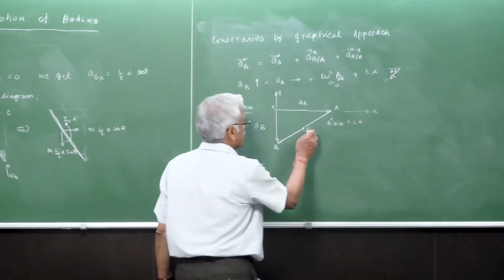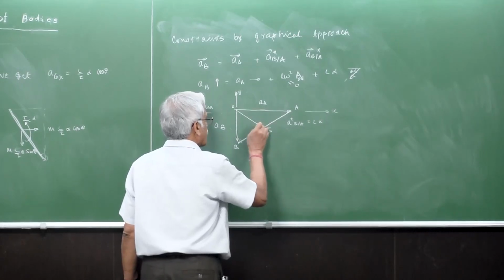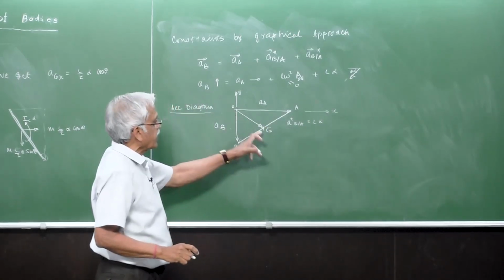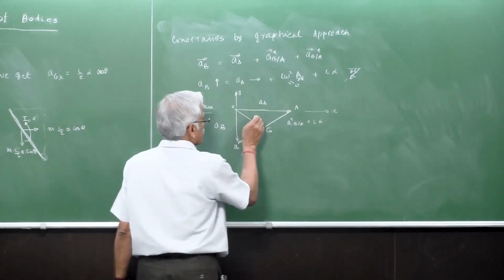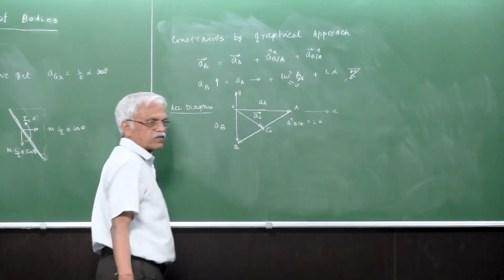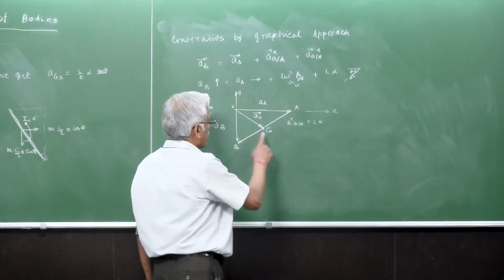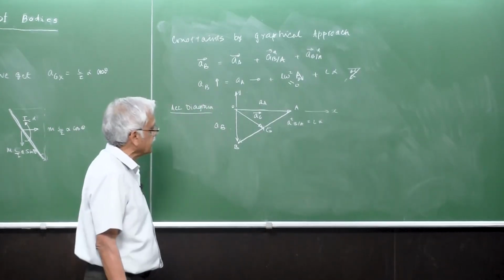Okay. So if G is the center, then if you draw an arrowed line from O to G, that is acceleration of G. Okay. So this is what we learned. We can use this knowledge by writing AG.